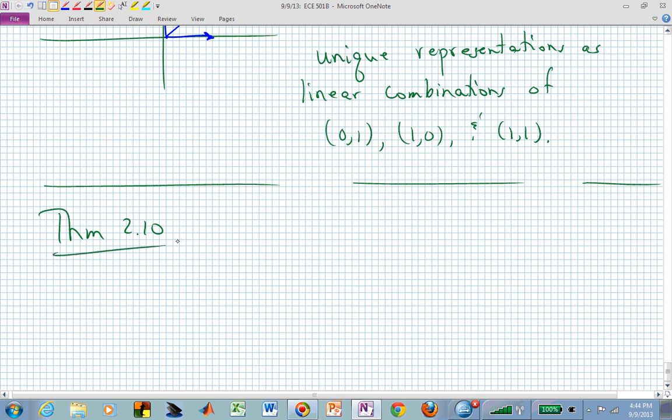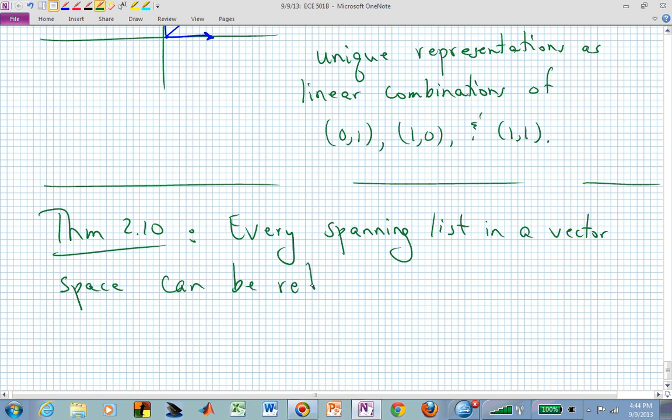Theorem 210. This says that every spanning list in a vector space can be reduced to a basis of the vector space.